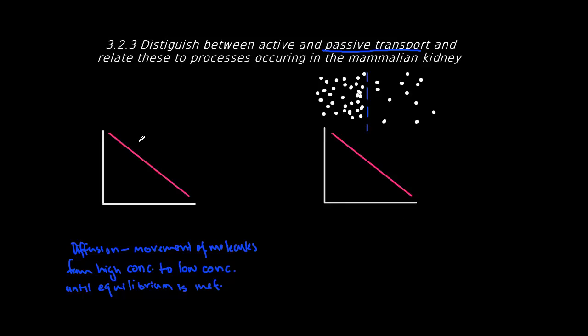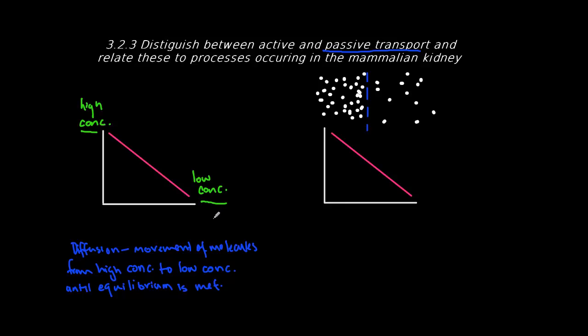On this graph here we can see we have the high concentration and we have the low concentration. So from our example before, the perfume is moving along a concentration gradient from where there is plenty of perfume molecules to an area in the rest of the container where there is less concentration of the perfume molecules.